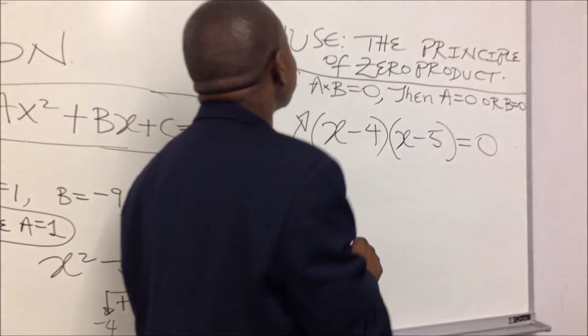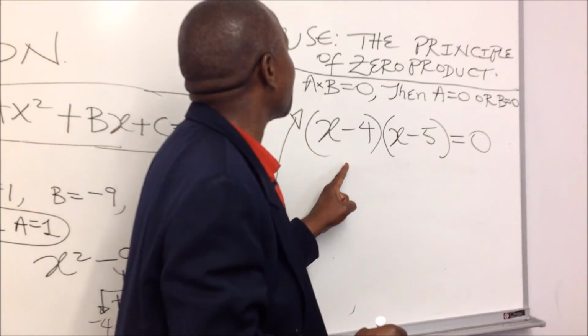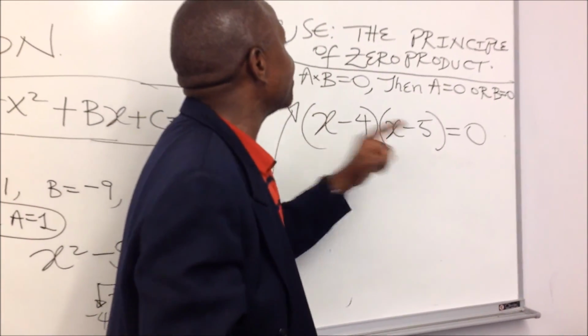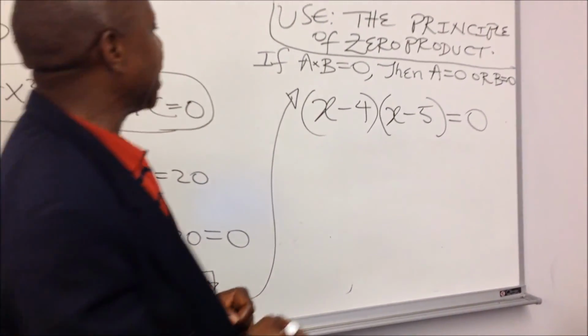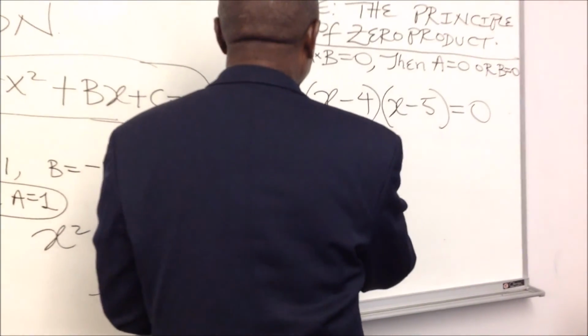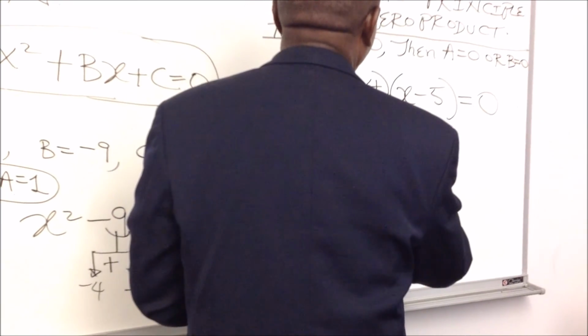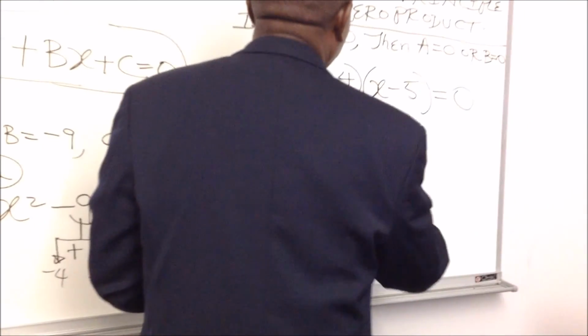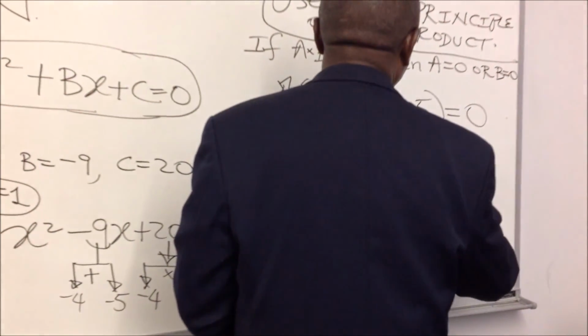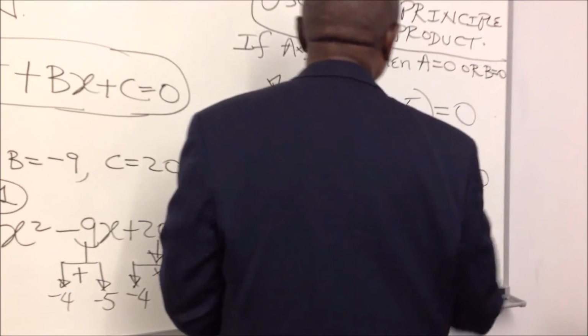In our problem, our A is x minus 4, our B is x minus 5. So therefore, x minus 4 equal to 0 or x minus 5 equal to 0.